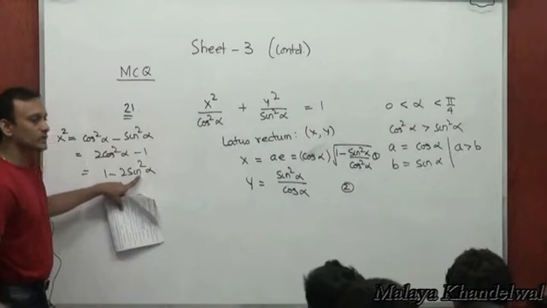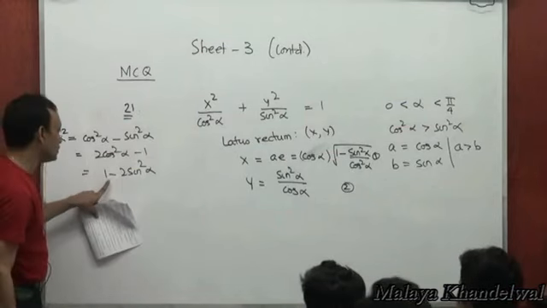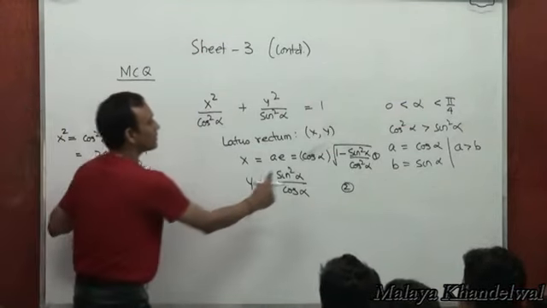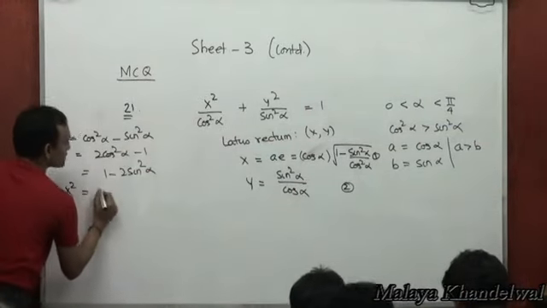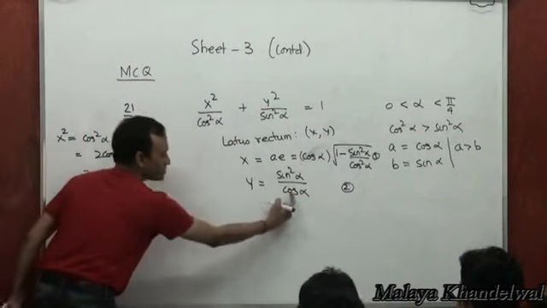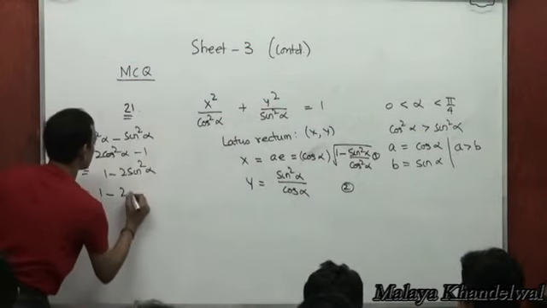Sin squared alpha, realize, is y into cos alpha. So x squared can be written as 1 minus 2y cos alpha.